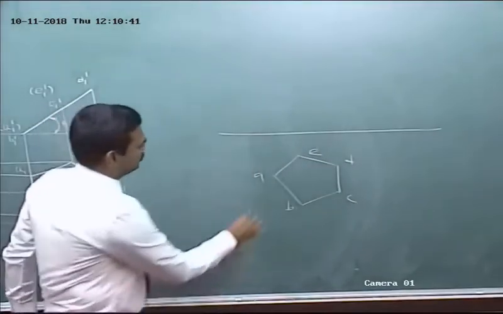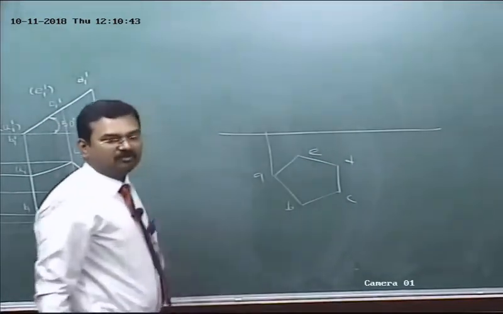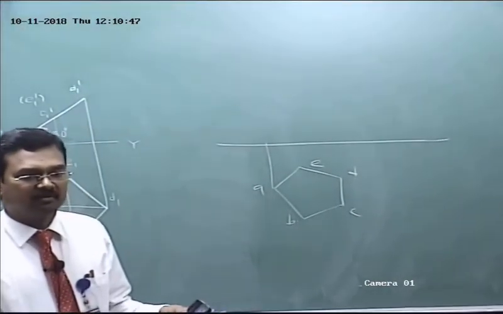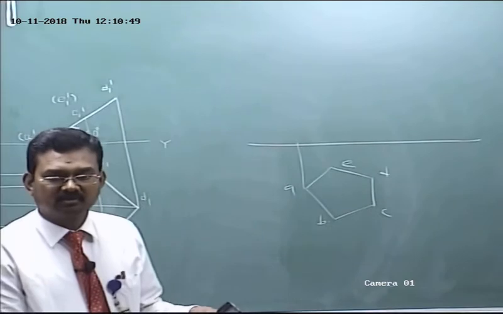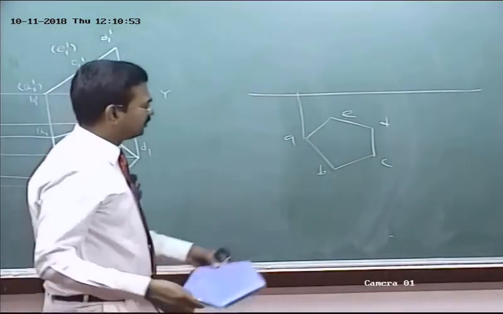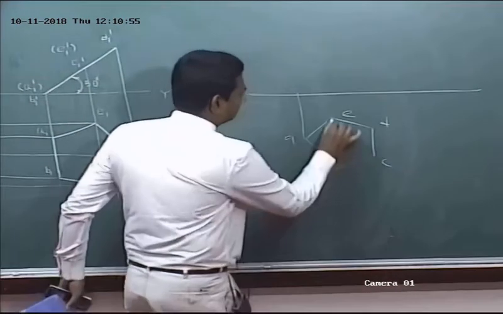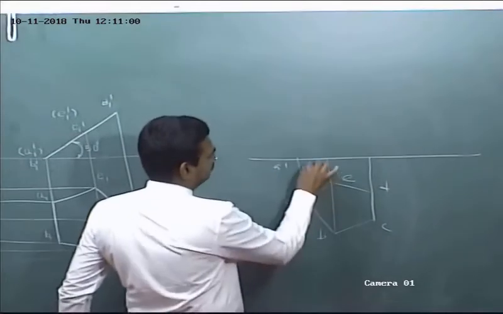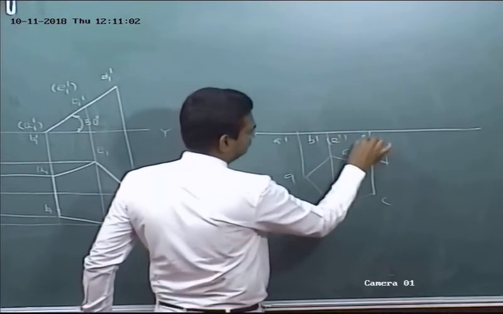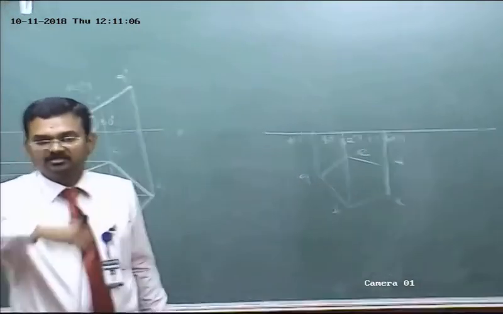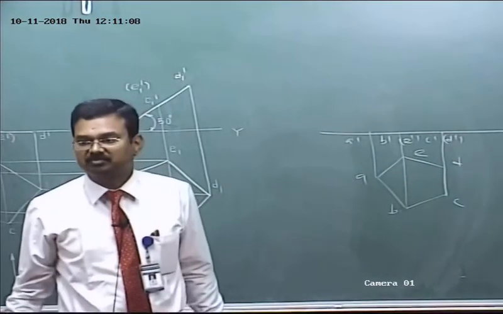Then how to get the front view? Our assumption: the plane figure is parallel to HP, placed on HP, perpendicular to VP. The front view is a straight line, obtained on XY. This is corner A dash, B dash visible, E dash invisible, C dash visible, D dash invisible. Isn't it? Okay.